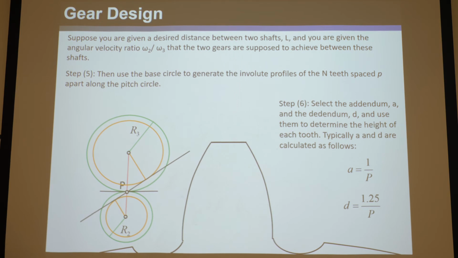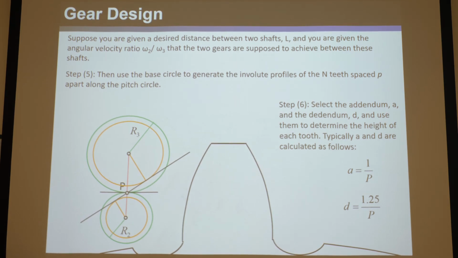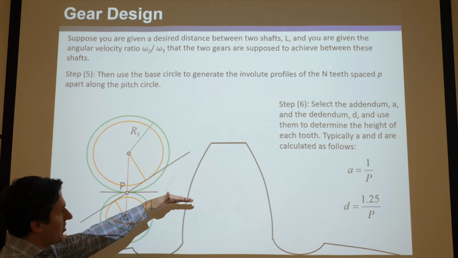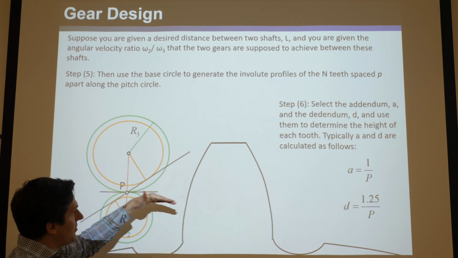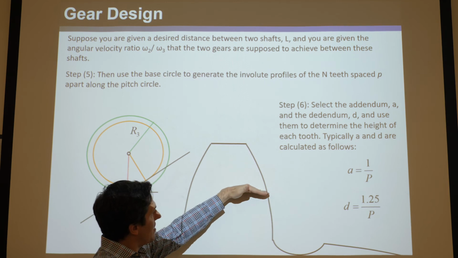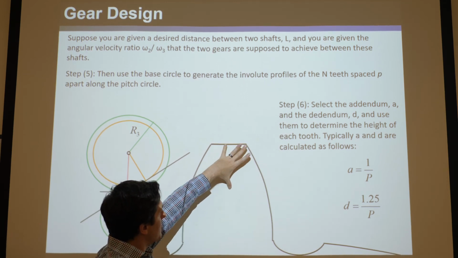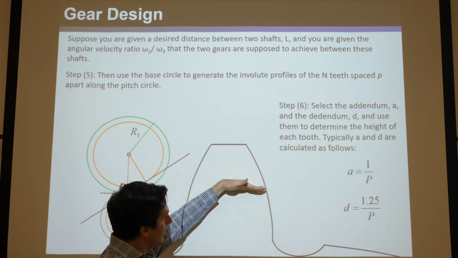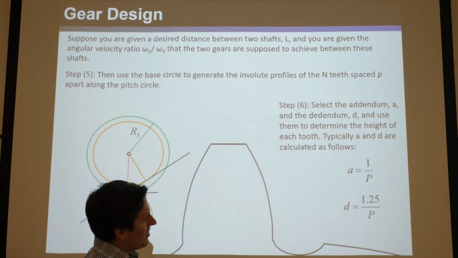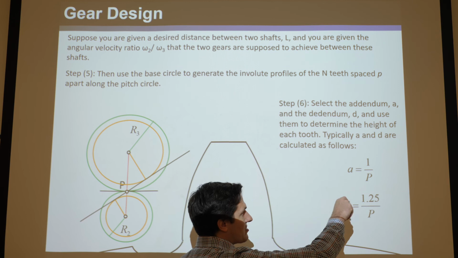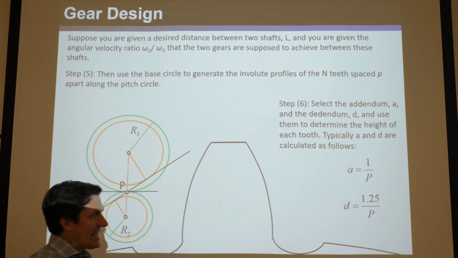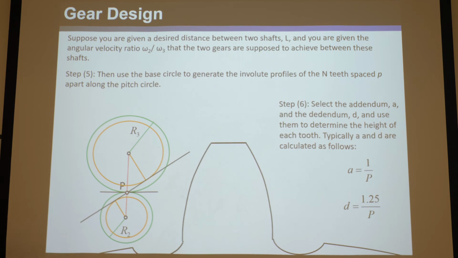Okay, but as a rule of thumb, even though I say it's kind of arbitrary how you pick the addendum A, remember, from the pitch circle, say the pitch circle is going through here, the addendum is the distance from the pitch circle to the top flat, and the dedendum is from the pitch circle to the bottom flat. As an industry standard, you usually do A equals 1 divided by the diametral pitch, and for D, the dedendum, you usually do 1.25 divided by the diametral pitch that you ended up choosing.